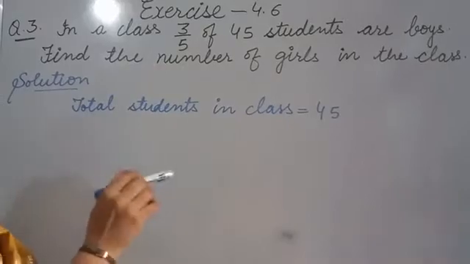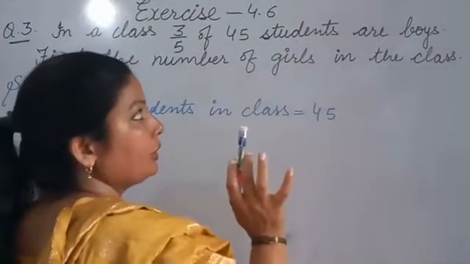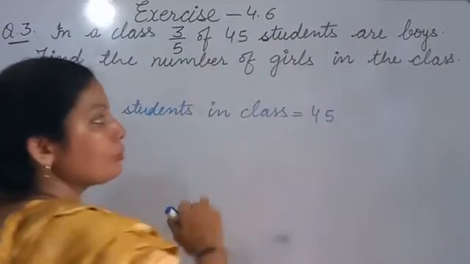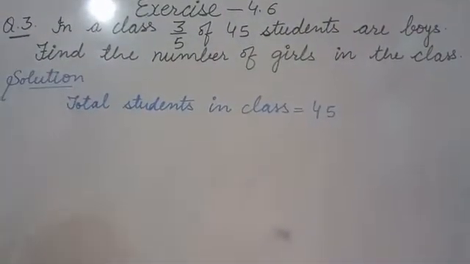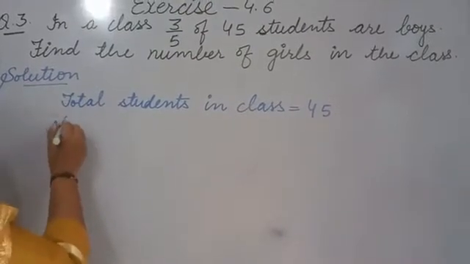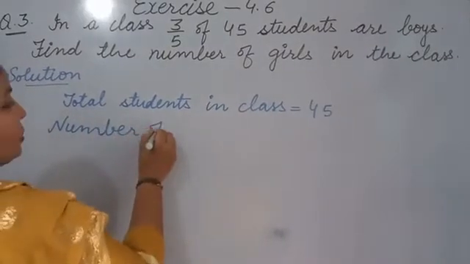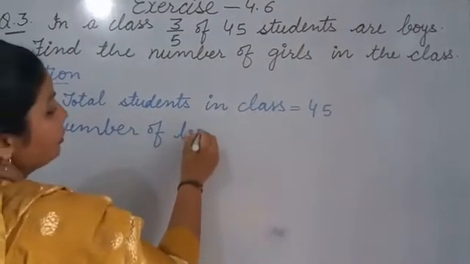So from here let me start solution. Total students in class 45. That we know because there is given that total students are 45. Now we find number of boys. How we can find number of boys?